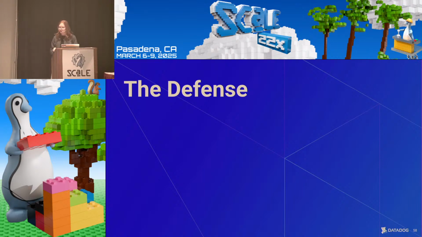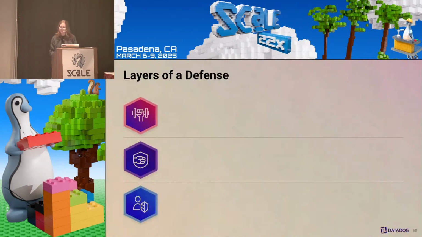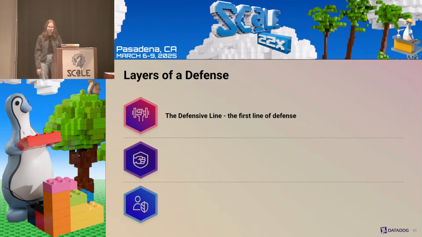So now let's talk about the defense, which is why we're here today. This is the security measures that are in place. And now there are 3 layers to a football defense. First, we've got the defensive line. These are normally the biggest guys, and these are normally the players who are right up against the offense, the people closest to where the offense is.